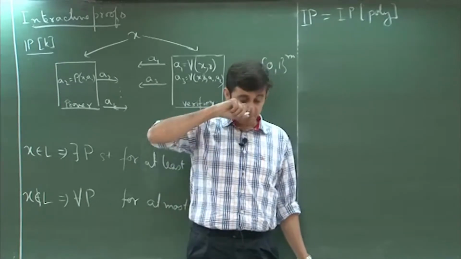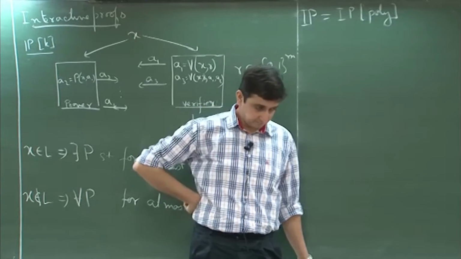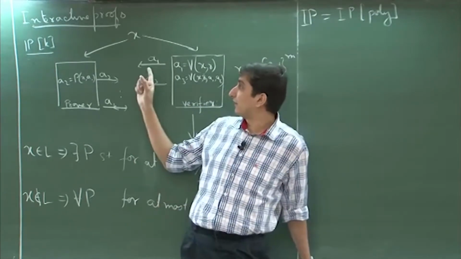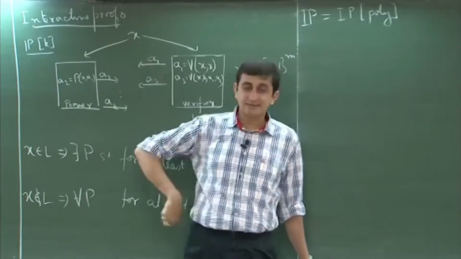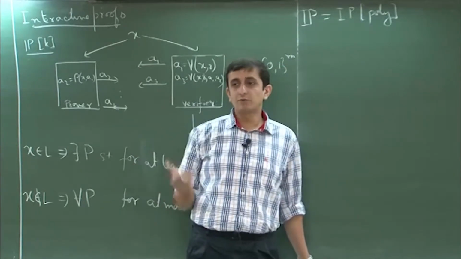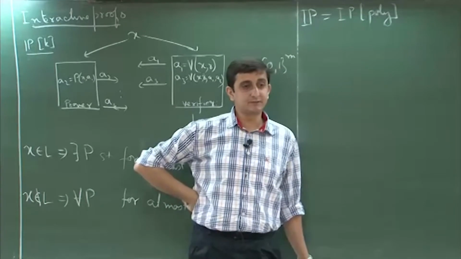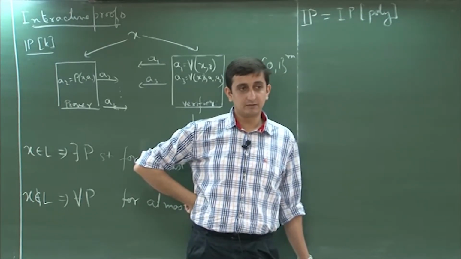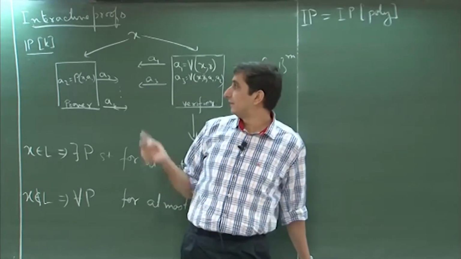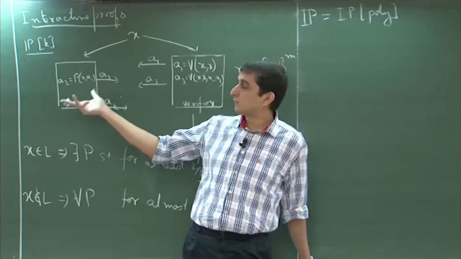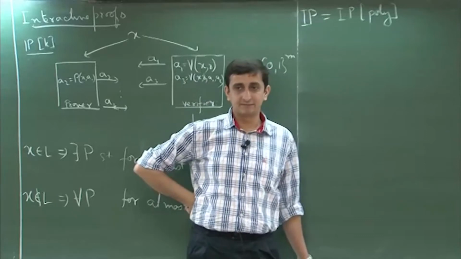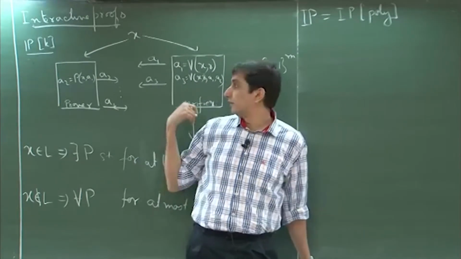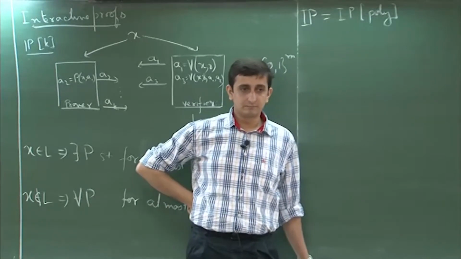Actually, if k is constant, if k does not depend on the size of the input, then what we can show is that everything collapses to IP2. It is just basically the verifier asking one question and the prover answering back, and based on that the verifier can decide whether to accept or not.